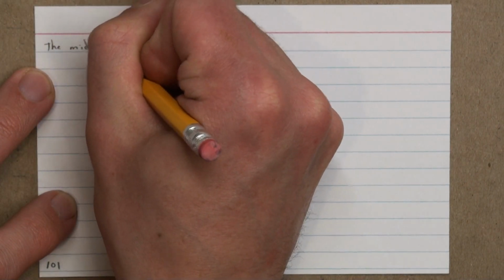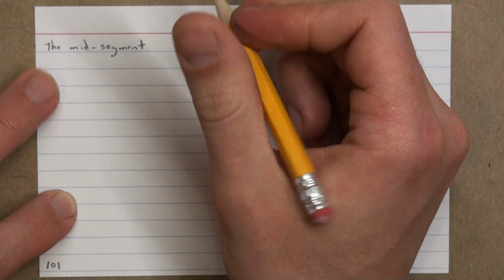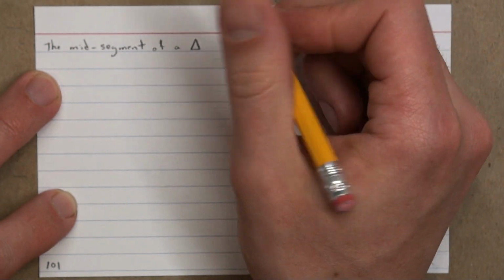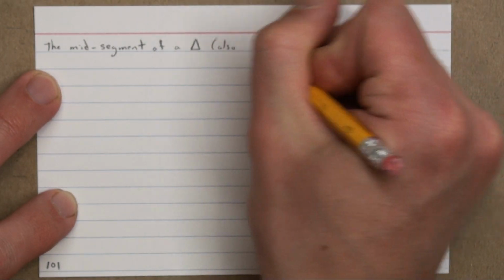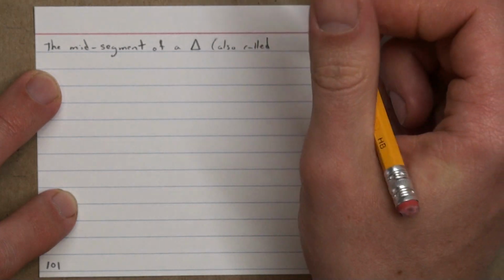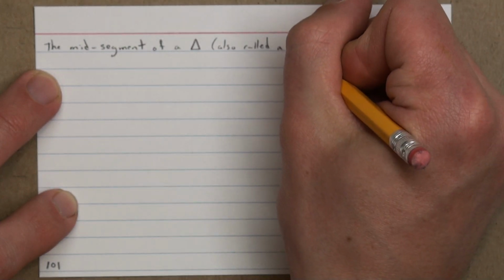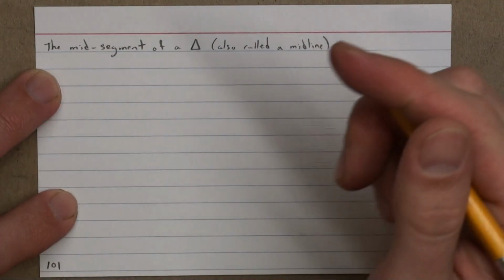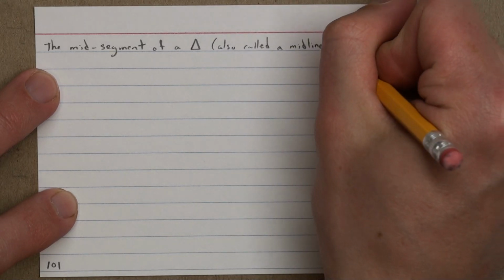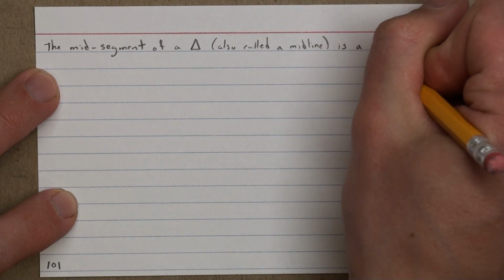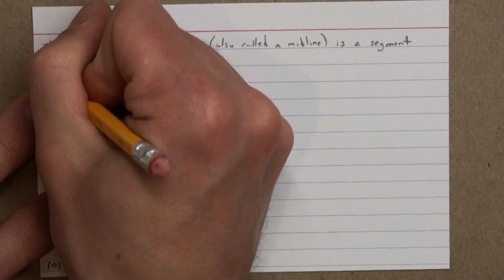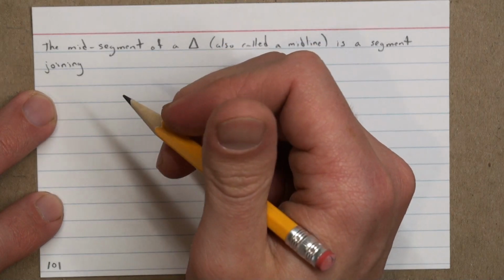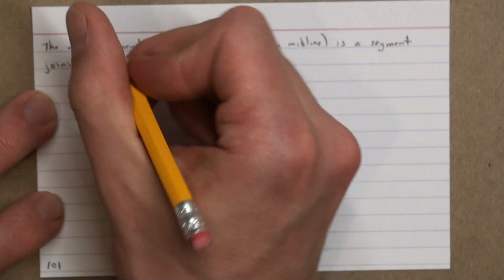So the mid-segment of a triangle, which is also called a midline, is a segment joining the midpoints of two sides of a triangle.